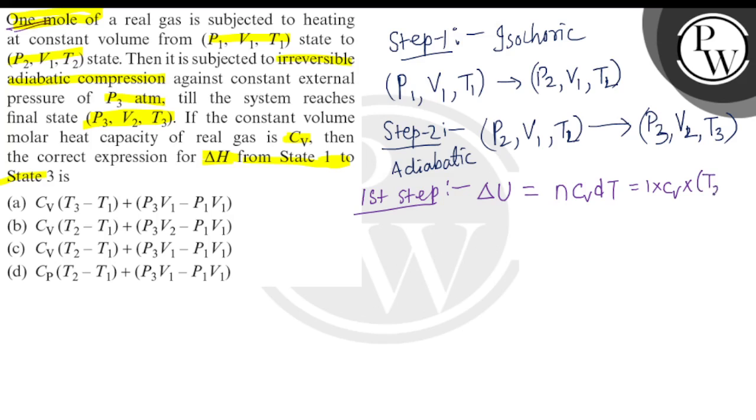So this is the expression for delta U. Then what is the expression for delta H1, the change in enthalpy in the first step?